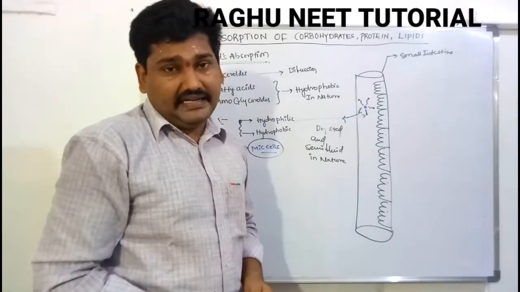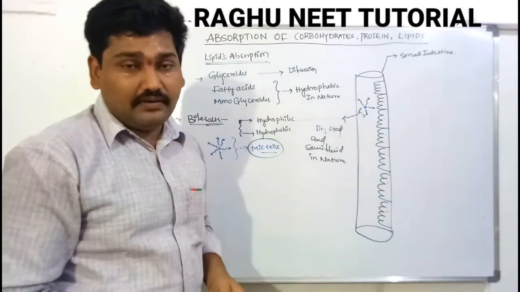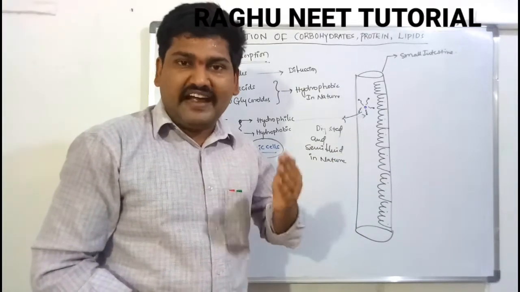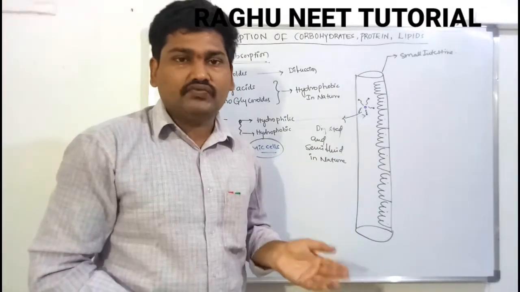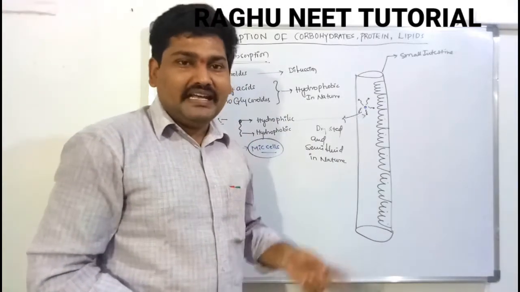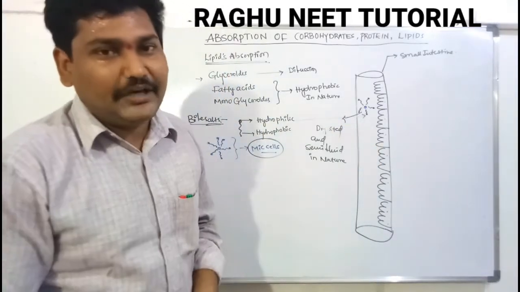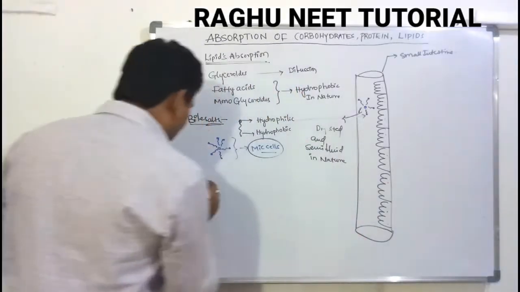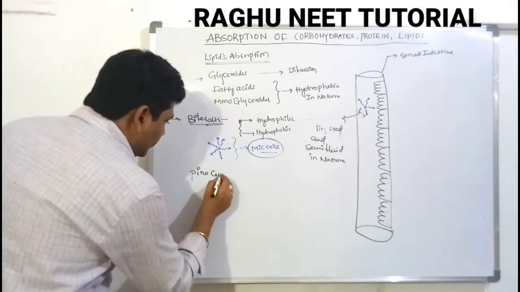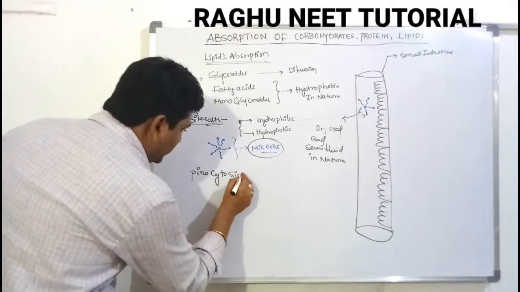The process is called pinocytosis. What is that? Pinocytosis. The semi-fluid fat or micelles are transported into the cell through the cell membrane. The process is called pinocytosis. Very, very important. What is pinocytosis?